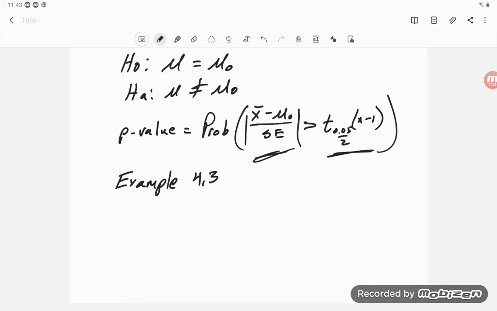So this is page 165 in your text. They have a 1 ounce bag of potato chips, and the bag says 130 calories.